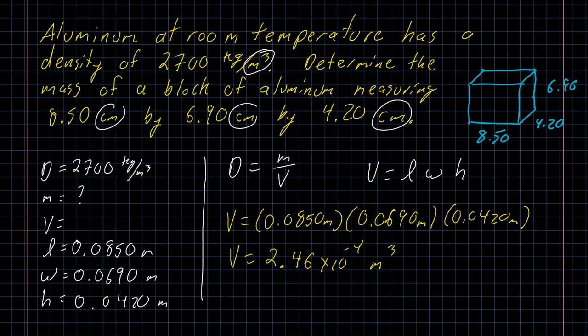If you wanted to write it out as a decimal, it would be 0.000246 cubic meters. That's a lot of zeros. That's just enough zeros that I'm starting to think scientific notation, not standard notation. But if you're happier writing it in standard notation, there's nothing wrong with that.